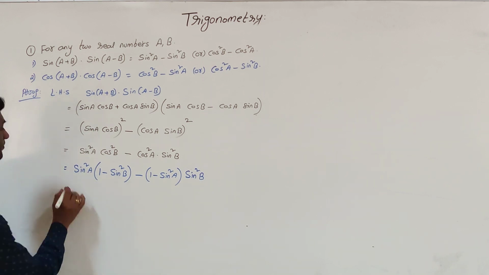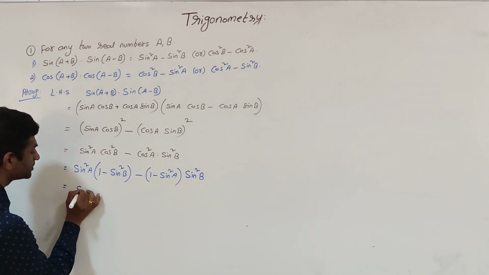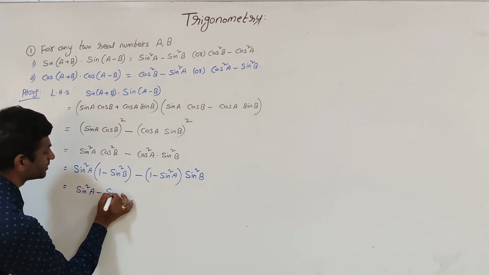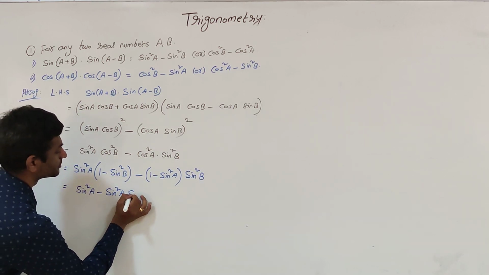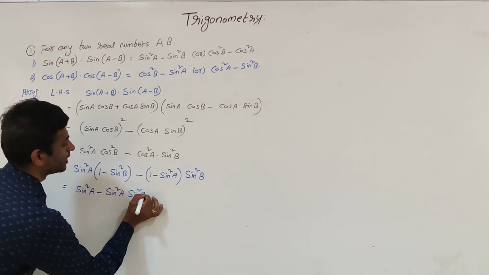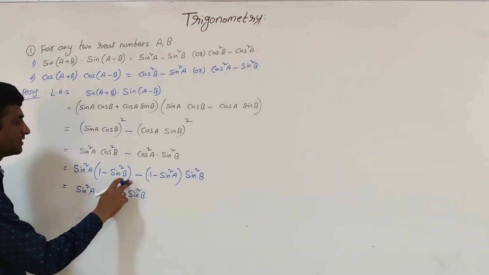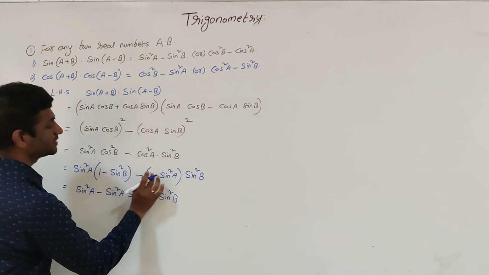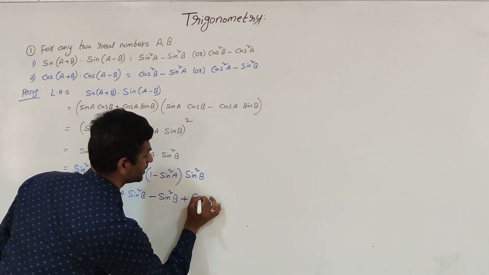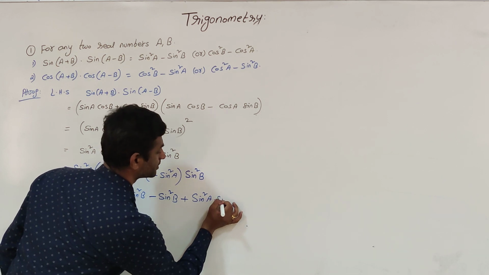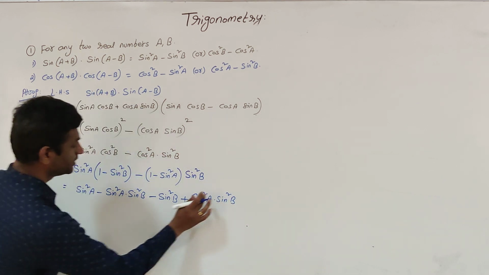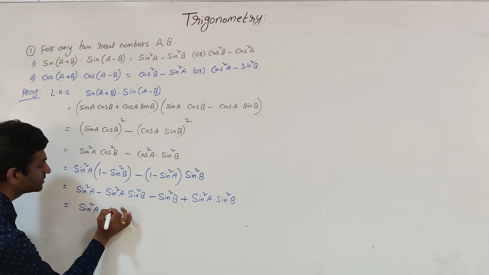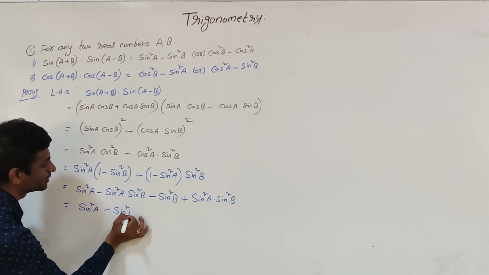So sin square A into 1 is sin square A, minus sin square A into sin square B. 1 into sin square B is sin square B along with the minus. Minus into minus becomes plus, and it will be sin square A into sin square B. So these two get cancelled, and it will be sin square A minus sin square B.